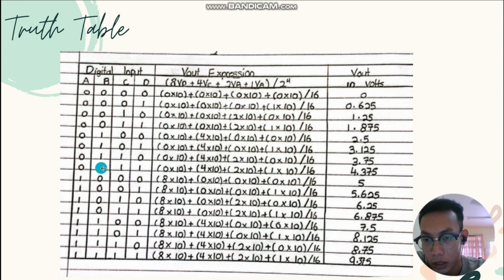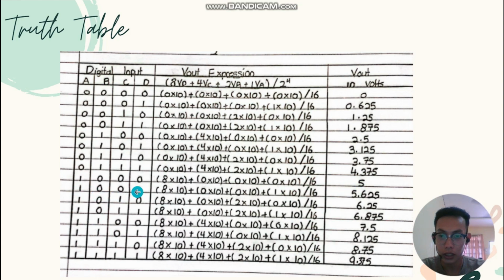So that 0111: 0 times 10 plus 4 times 10 plus 2 times 10 plus 1 times 10 over 16, and we get 4.375 volt. And then 1000: 8 times 10 plus 0 times 10 plus 0 times 10 plus 0 times 10 over 16, and we get 5 volt.